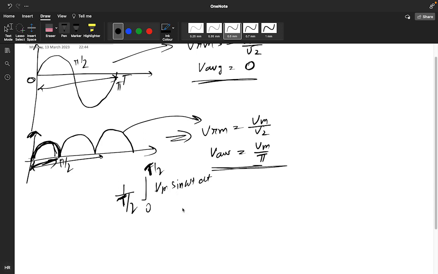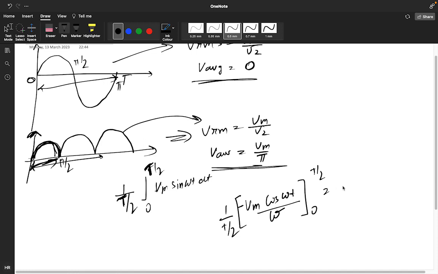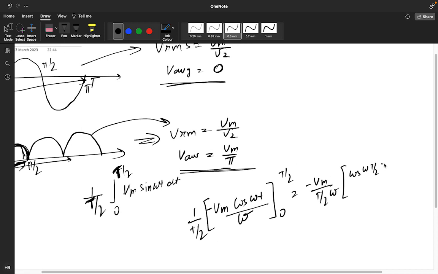Okay. So if you will solve this curve, you are getting Vm minus Vm cos omega t by omega into 1 by t by 2, 0 to t by 2. So minus Vm divided by t by 2 into omega, cos omega t by 2 minus cos 0.